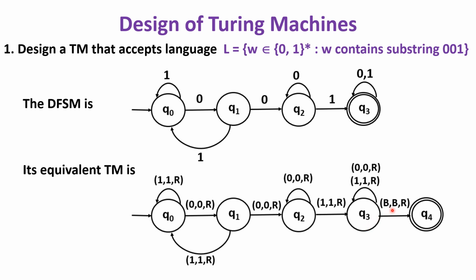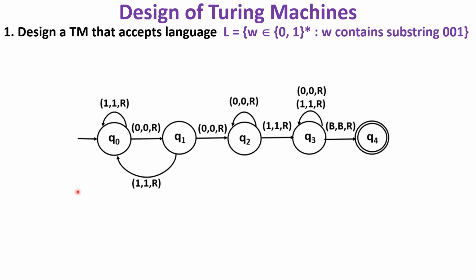At that time, keep the blank as it is, move either to the left or to the right and change the state. This state will be the final state. That's it. So this is a Turing machine which is equivalent to your deterministic finite state machine.